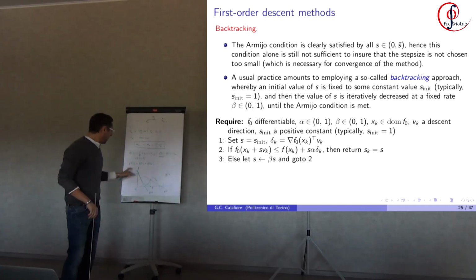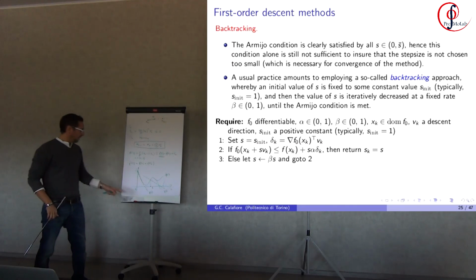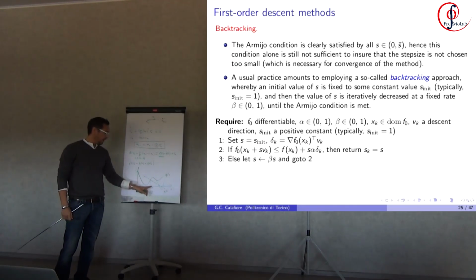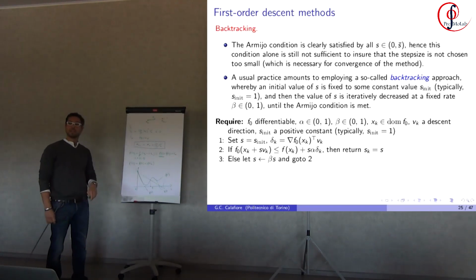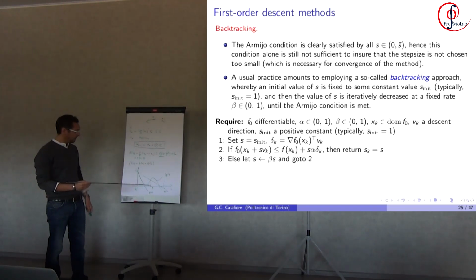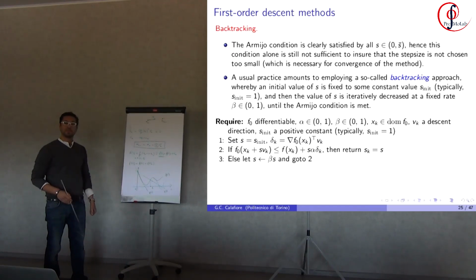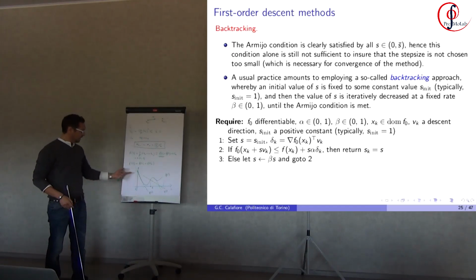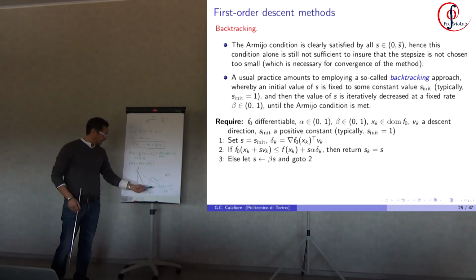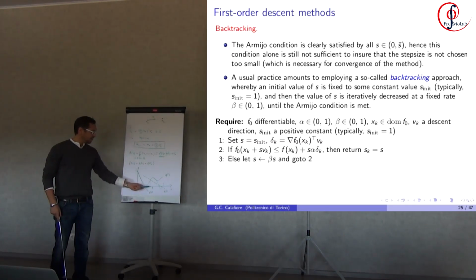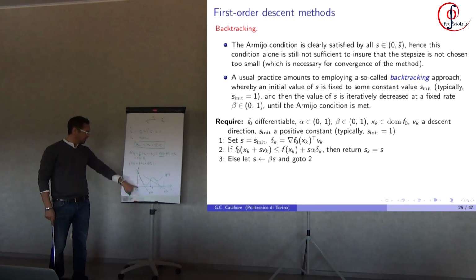Okay, so the problem with this Armijo condition alone is that we find a value s bar such that for all s smaller than s bar we have a sufficient rate of decrease, but this is still not enough for avoiding choosing a step size which is too small.